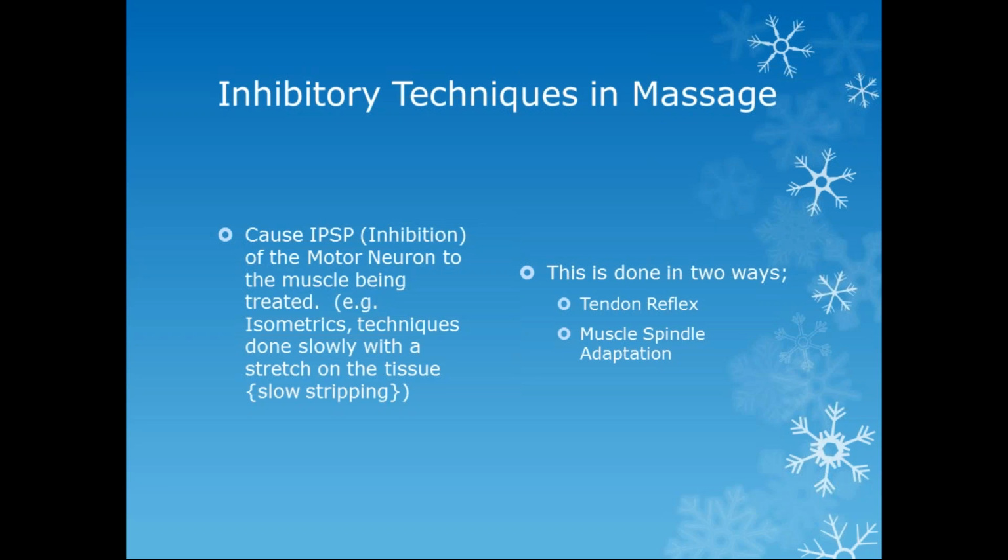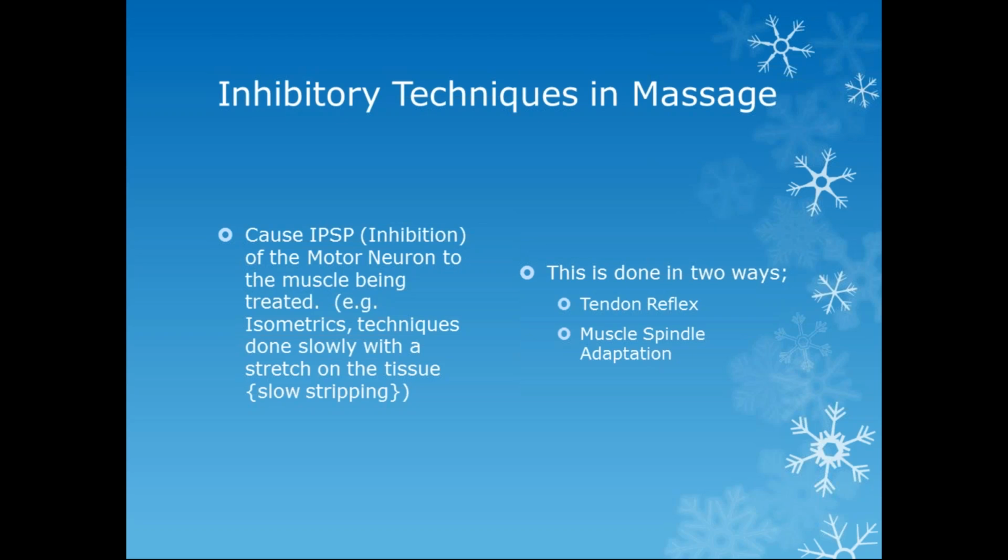Or you have the tendon reflex fire enough, causing inhibition to the motor neuron that serves the muscle, and that causes the muscle spindle to have less pull on it, and again it will adapt to the new resting length. So whenever you're trying to do things that are inhibitory, you slow it down.